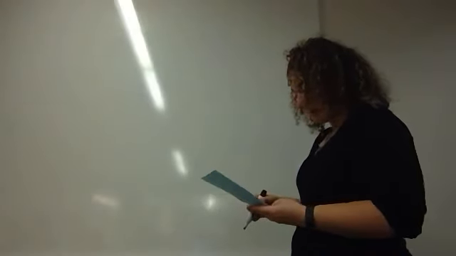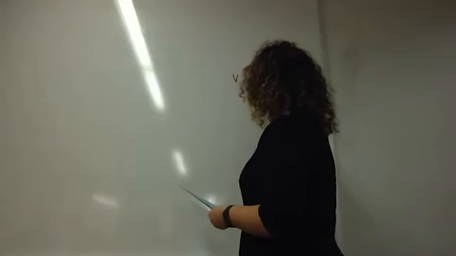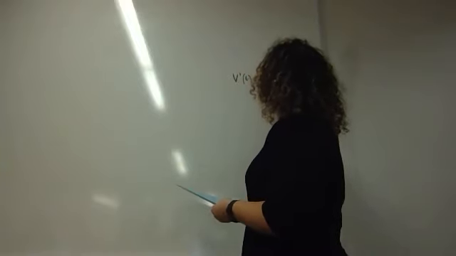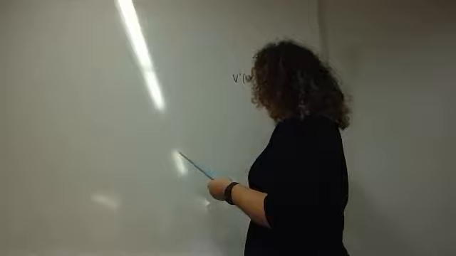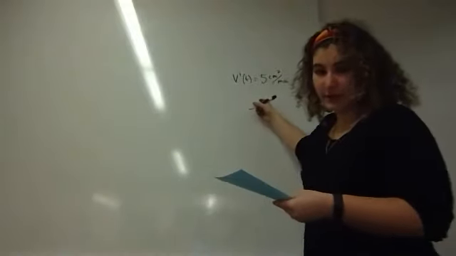So if we write this out, we have the volume change in time is going to be 5 centimeters cubed per minute, right? Important piece of information that you're going to use later on.